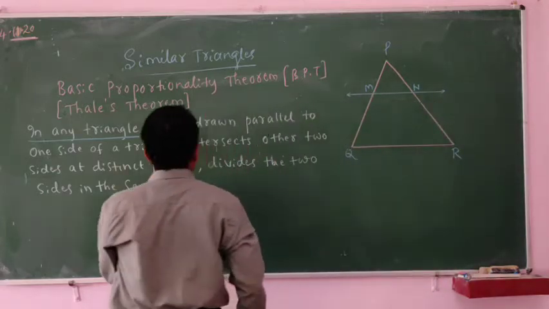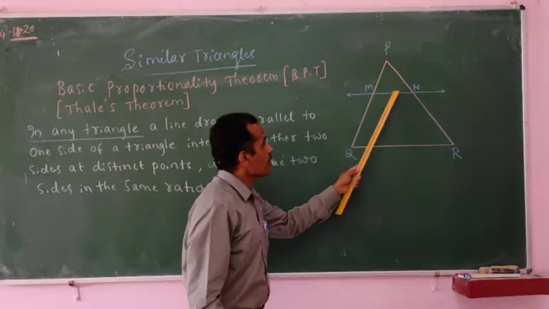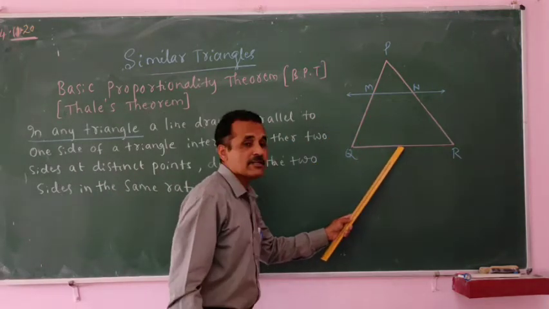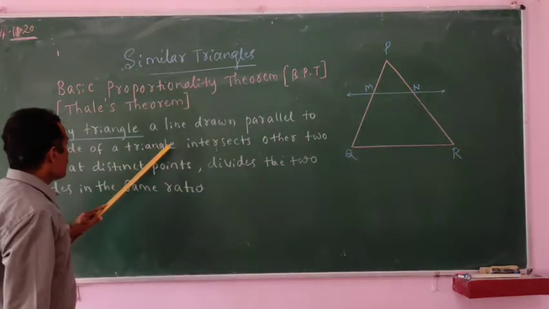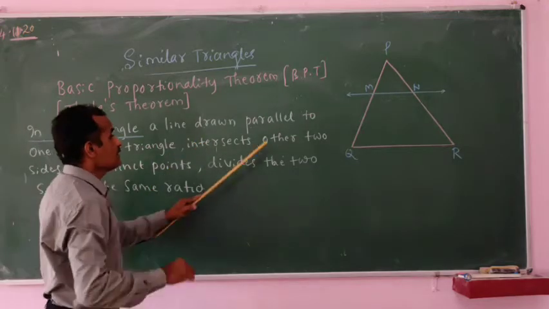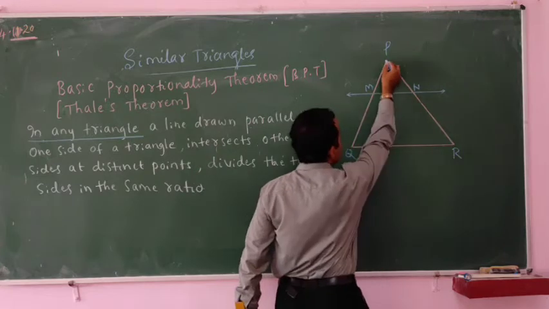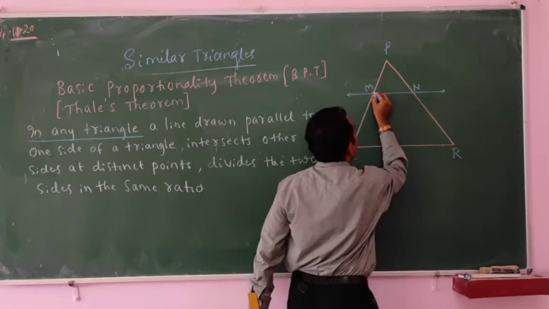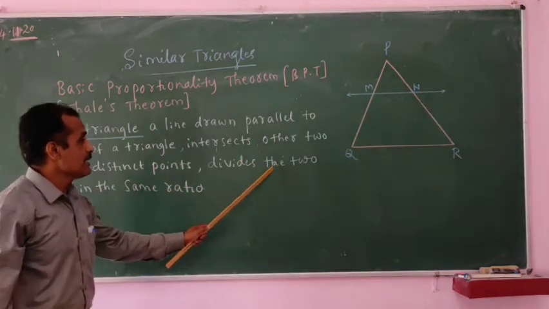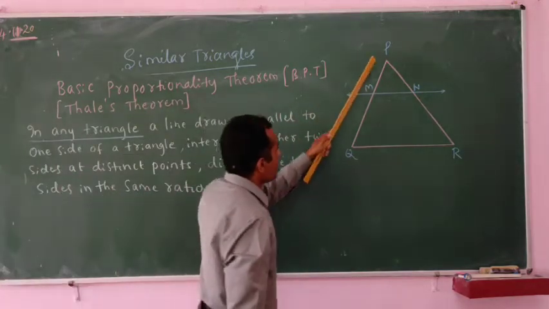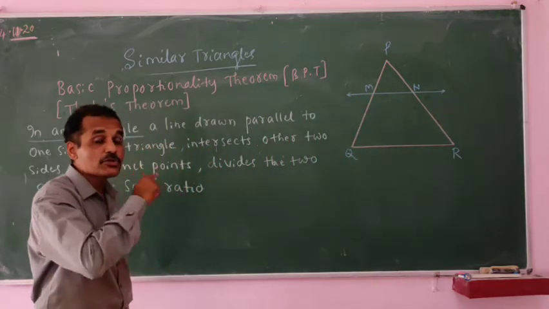See, a line drawn parallel to one side of the triangle, this is the first part. This line intersects the other two sides at distinct, different points. Then this line divides the two sides in the same ratio.